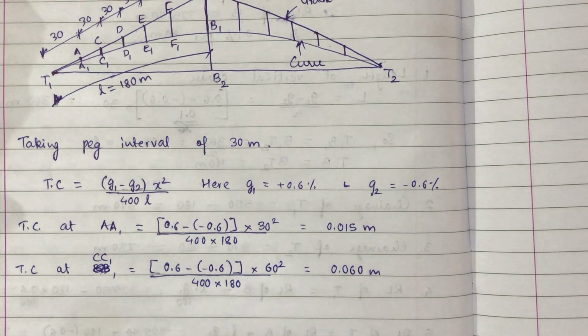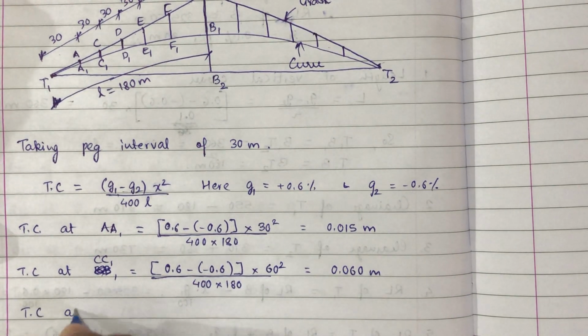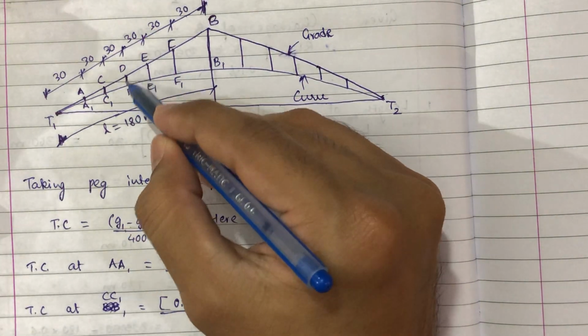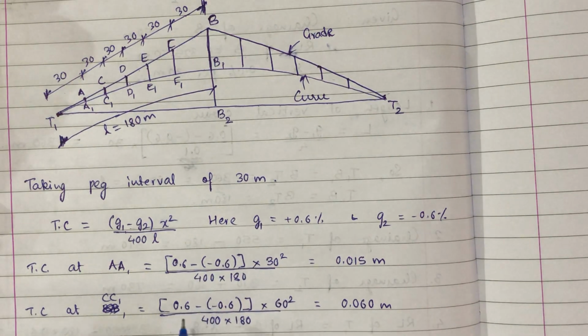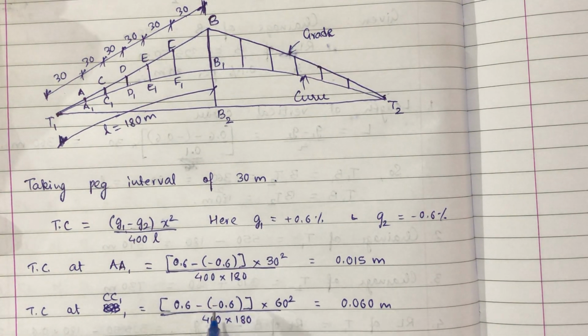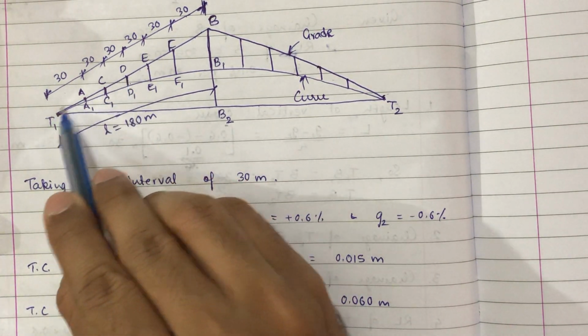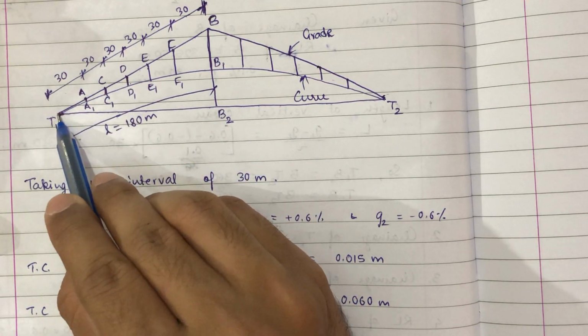Similarly, the tangent correction at D D1, with D D1 at a distance of 90 meter from T1.